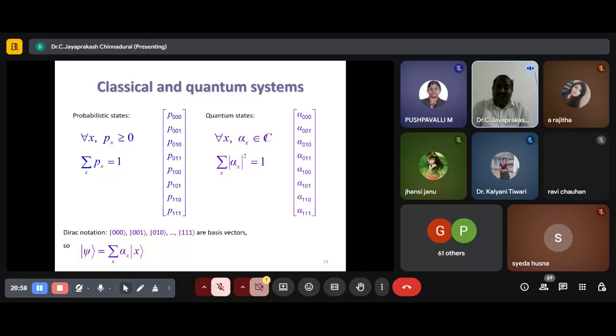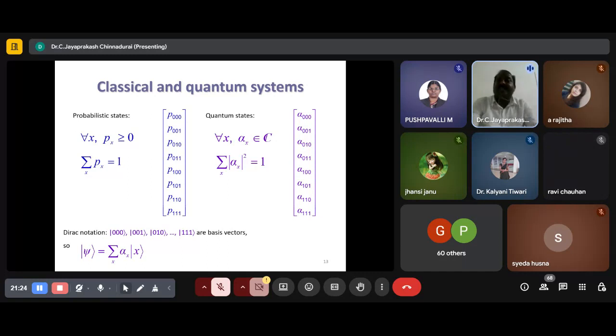These are the basis vectors. The first value is ket of 000, ket of 001, ket of 010 up to ket of 111. So we can rewrite that output, that is ket of psi equal to the sum over x of alpha of x, ket x. So we can write that equation like this.